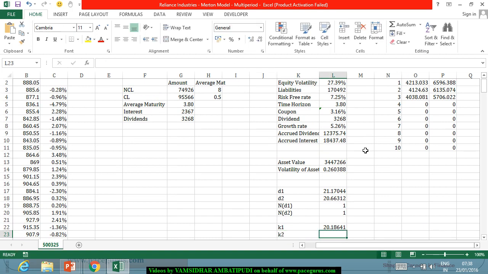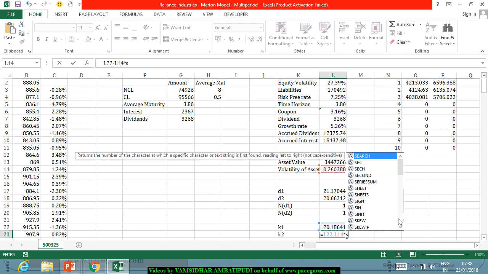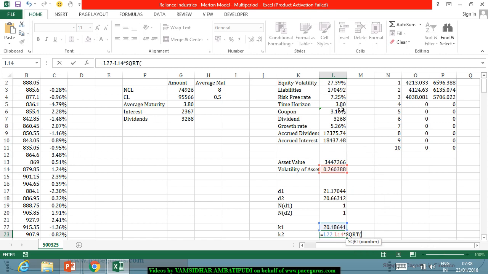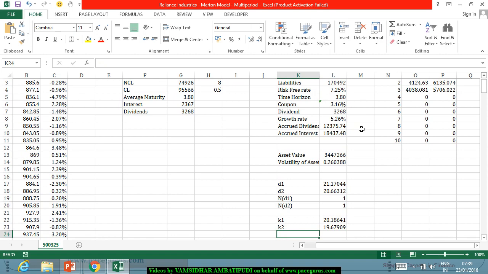K2 goes as K1 minus sigma square root of T. So that is my K1 and K2.